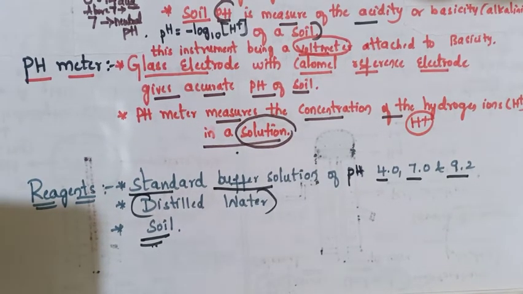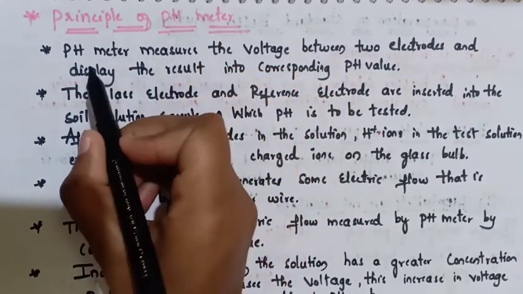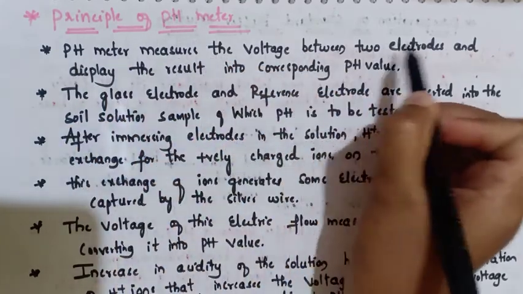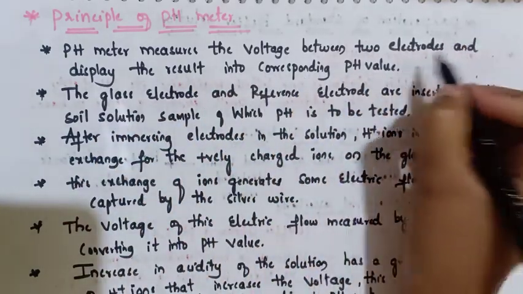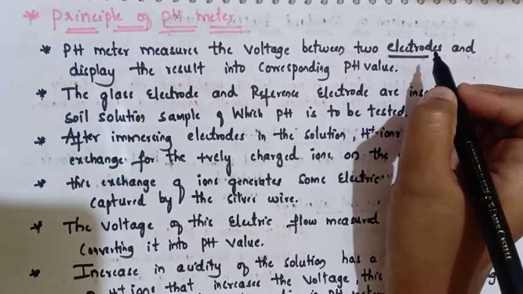Now let us see the principle of this pH meter. Coming to the principle of the pH meter, the first point: the pH meter measures the voltage between the two electrodes and displays the result as the corresponding pH value. Here the two electrodes are the glass electrode and the reference electrode.